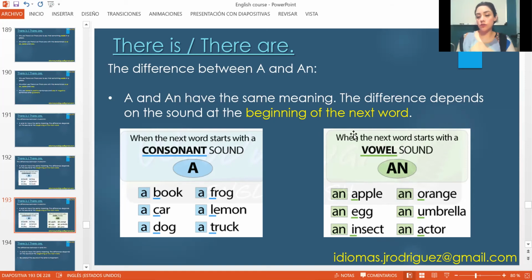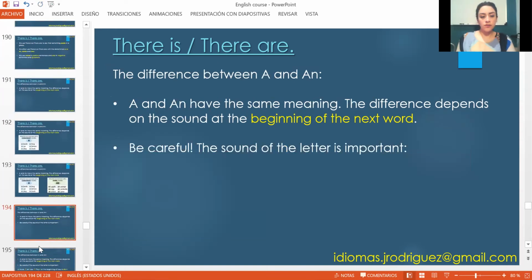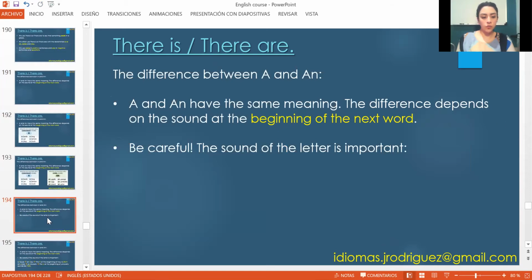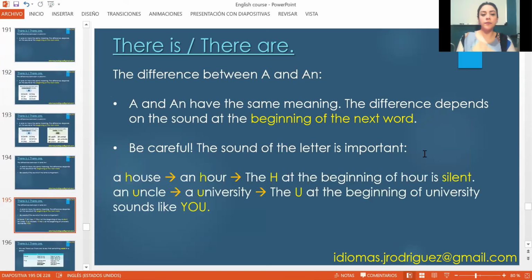Vowel sound. Okay, vowel sound. No que se escribe exactamente con vocal, sino que el sonido sea vocal. We check the meaning of the word university. Here it says, be careful, the sound of the letter is important.